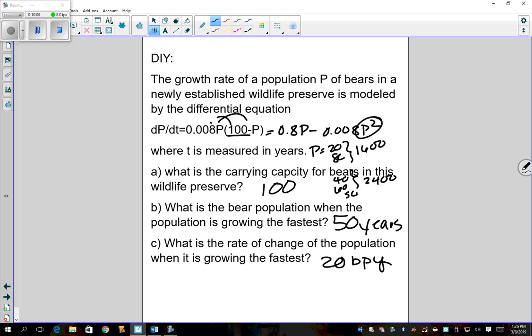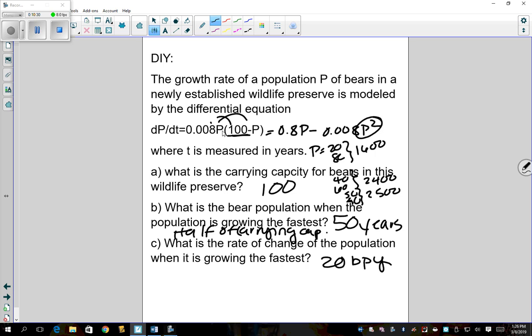And so this product is going to maximize when my values are the same, and so when I have basically half of my carrying capacity. That's important to note: this is growing fastest at half of carrying capacity. And that's going to be true for all logistic models.